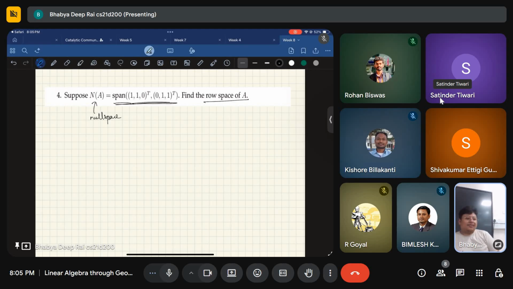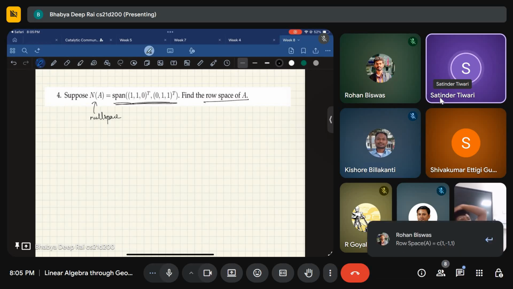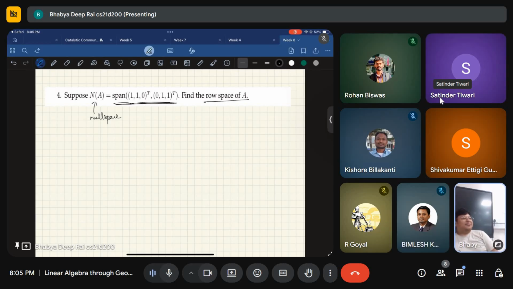Now then it will be dimension of row space plus dimension of left null space equal to the rows of the matrix. Yeah, I'm sorry for the confusion. Since the ranks are the same, you can just replace the dimensions of row space and column space with rank. Yeah, sir. Okay.